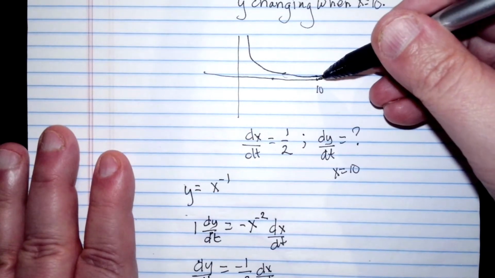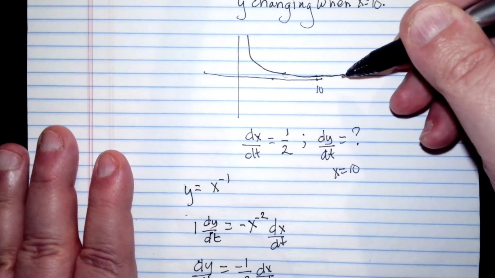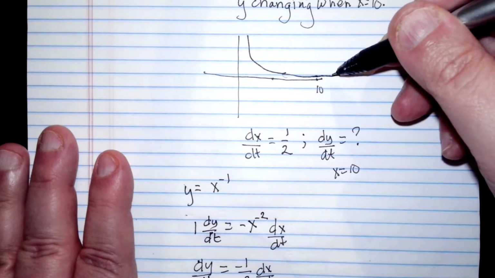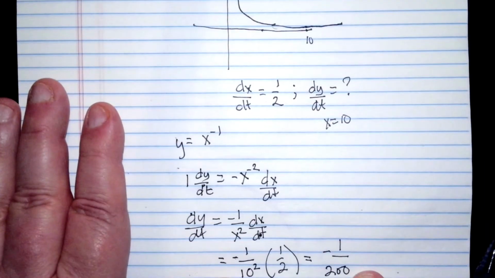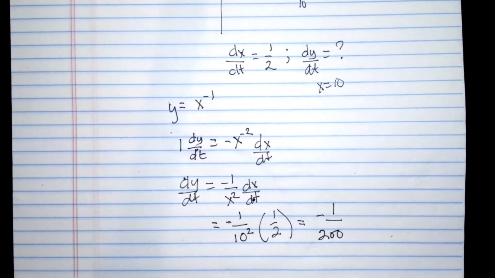Remember, x is increasing, and as x is increasing, this graph is getting closer to the x-axis, and so we're above the x-axis, so y is actually decreasing. Not quickly, but it is decreasing. Alright, so let's do a better example that illustrates the types of problems you're going to see more closely.